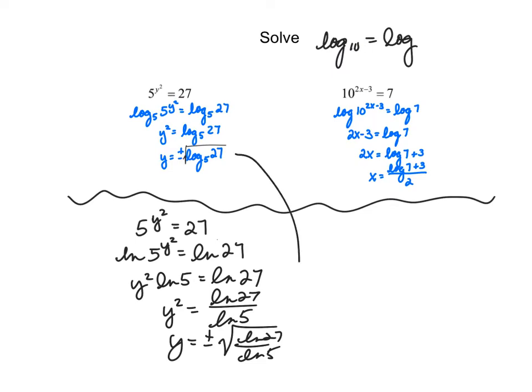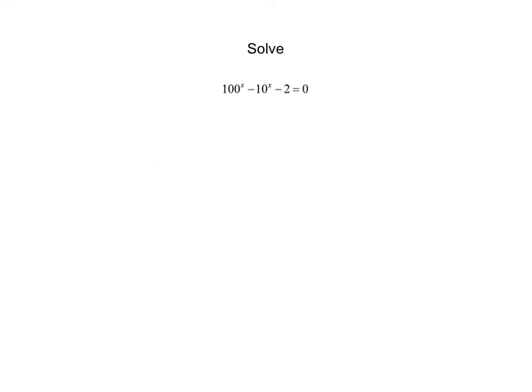And you will find, if you plug each of these into your calculator, that you get the exact same answer. So, again, we become more often than not using natural log of both sides. I could have done that here as well. You get the same value. You guys know how to solve that.